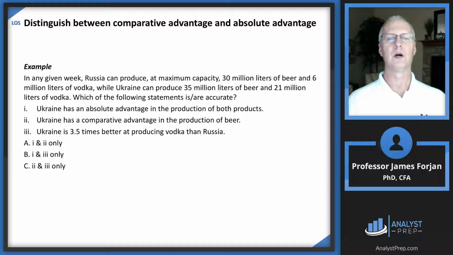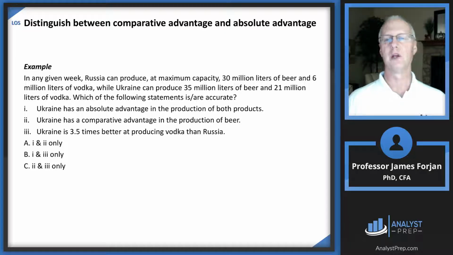And so think about this. If you look at the two productions of beer, it's 30 versus 35 million. Although they're not identical, they're much closer together than the 6 million liters of vodka and the 21 million liters of vodka.